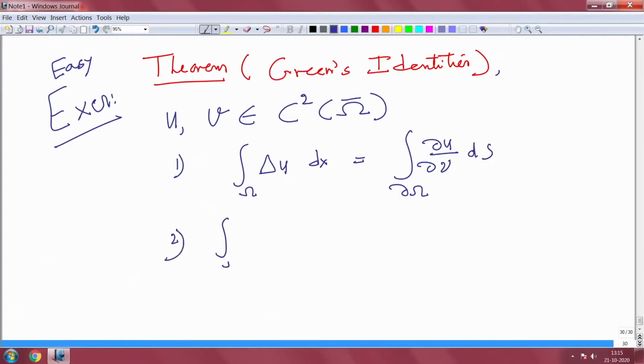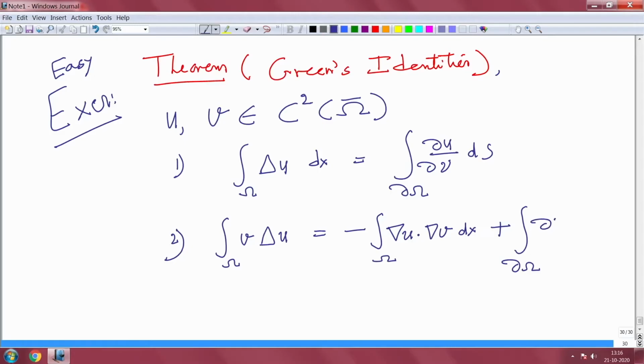And two, a direct deduction from the divergence theorem: the integral over Omega of v Laplacian of u dx is equal to minus the integral over Omega of grad u dot grad v dx, plus the integral over the boundary of du by d nu times v ds. Keep this sign properly; if you change the sign you will get a wrong result, and nu has to be the outward unit normal.